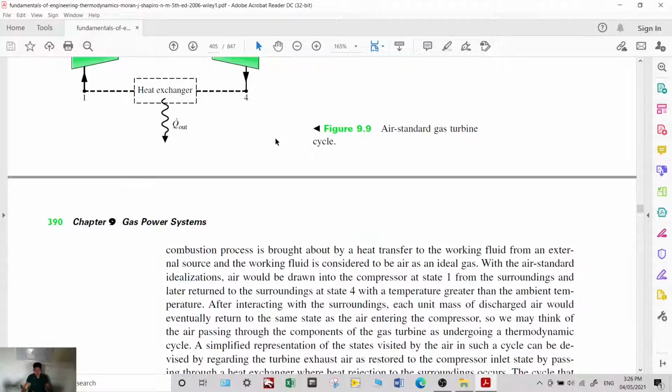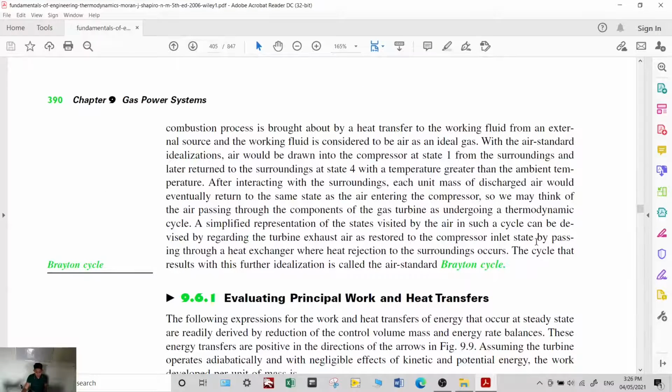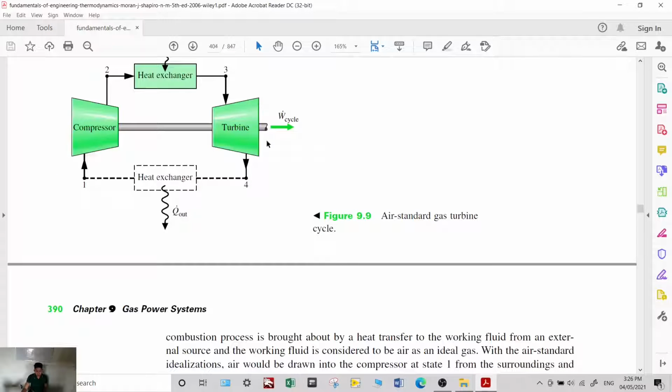After passing through the turbine, the air is exhausted to the environment. So the environment acts as a heat exchanger in the open type system.